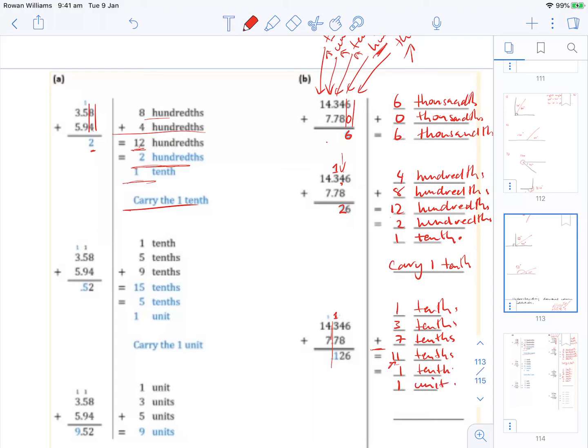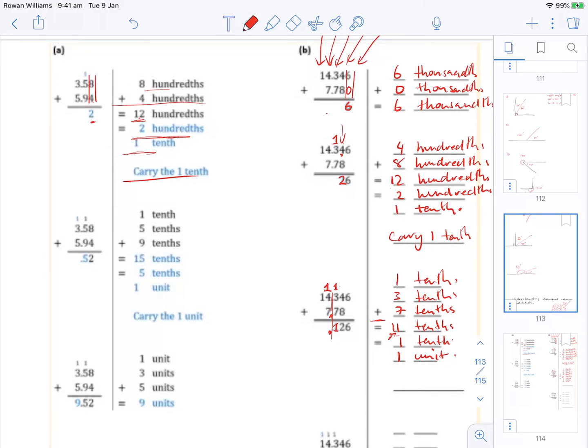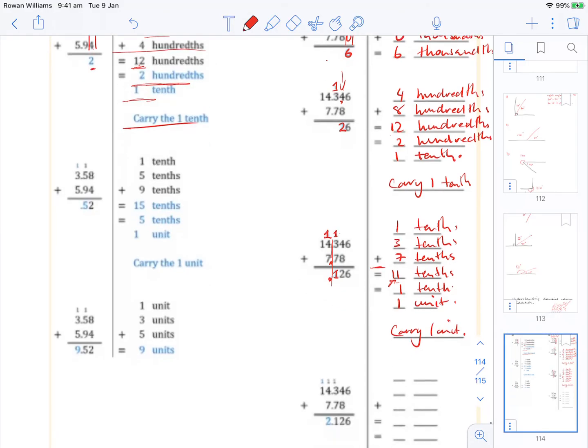You'll see that they've put down the 1 here, which we don't write in with this, and then they've carried the 1 up to the top there, which means I have to add it to my ones column. You can see that the decimal point's there. I'm now adding that to my ones column. So I just have to say that that's what I'm doing: I carry 1 unit. And if you use ones instead of units, it doesn't matter at all.